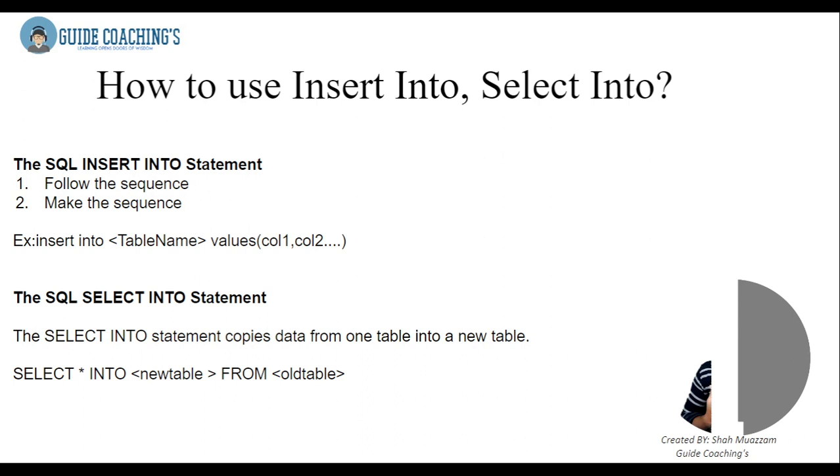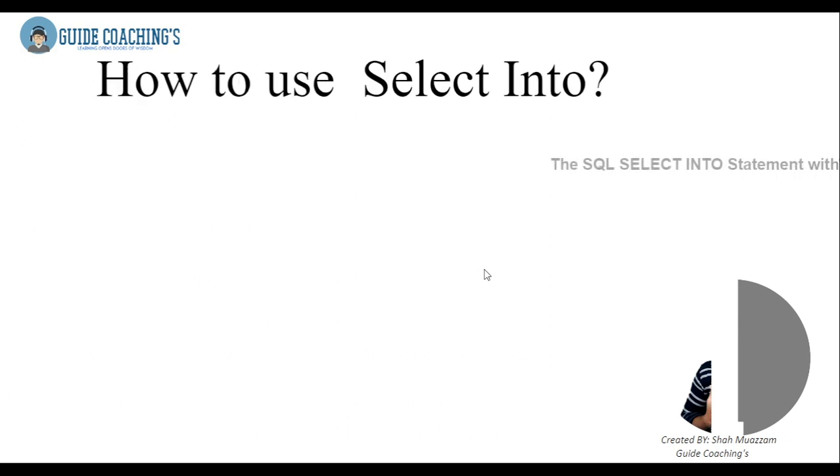Now here we have three ways. The first way, which I have shown, is very simple, where we copy all the columns from the old table to the new table: select star into new table from old table. We can also give a condition as well.